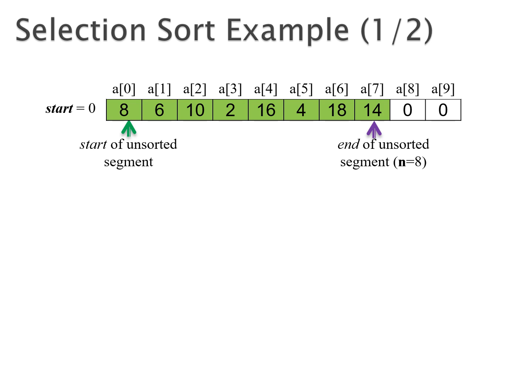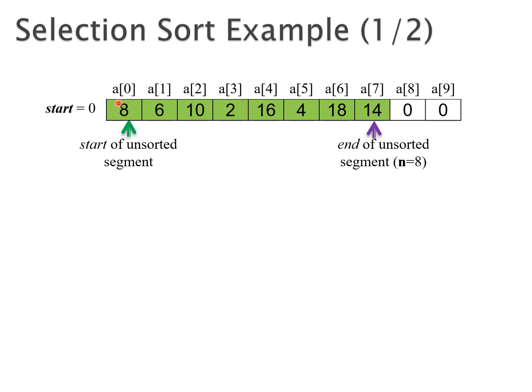Now I'm going to show you an example of how selection sort works. Suppose we use selection sort to sort the first 8 elements of this array, which has 10 elements. But the last 2 elements only have default values, so we don't want to sort them.